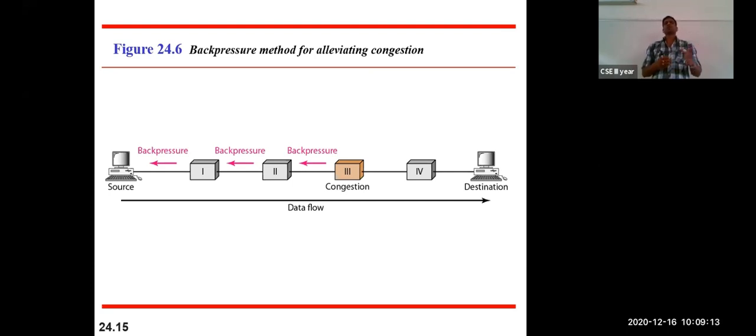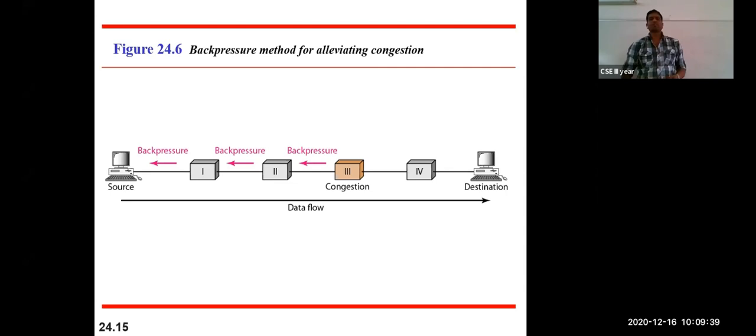Then the source will slow down sending the packets. So a step-by-step warning is sent from node to the previous node until it reaches the source, and then the total communication gets slowed down. I mean, the sending of packets or the data traffic gets reduced from the source.